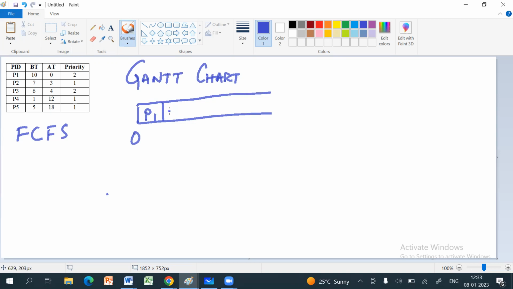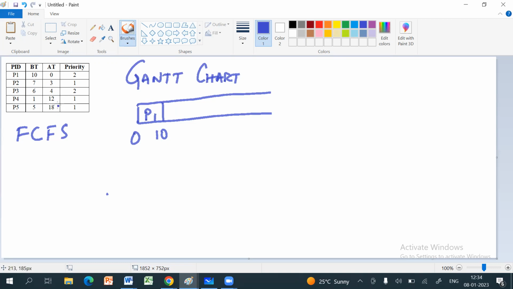So at time 0, P1 has started as per the table. P1 has a burst time of 10, so P1 will continue to execute till 10. Now we are at time 10. At time 10, P2 and P3 have both arrived.